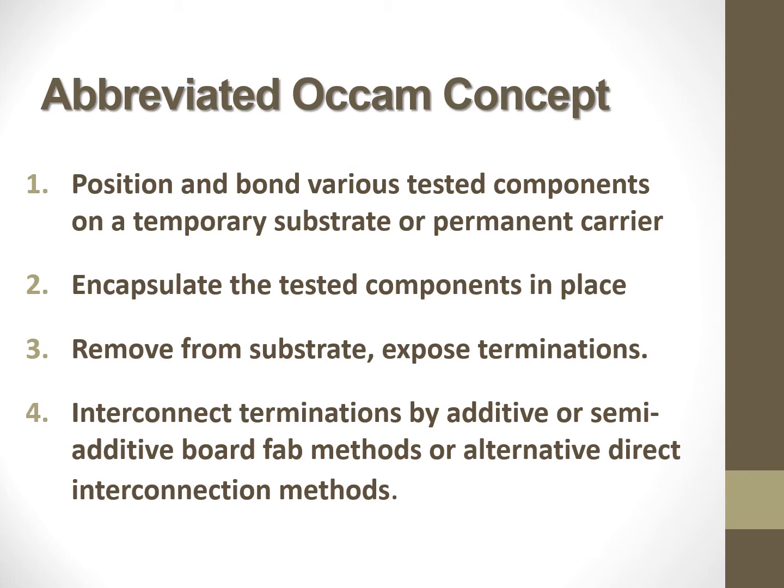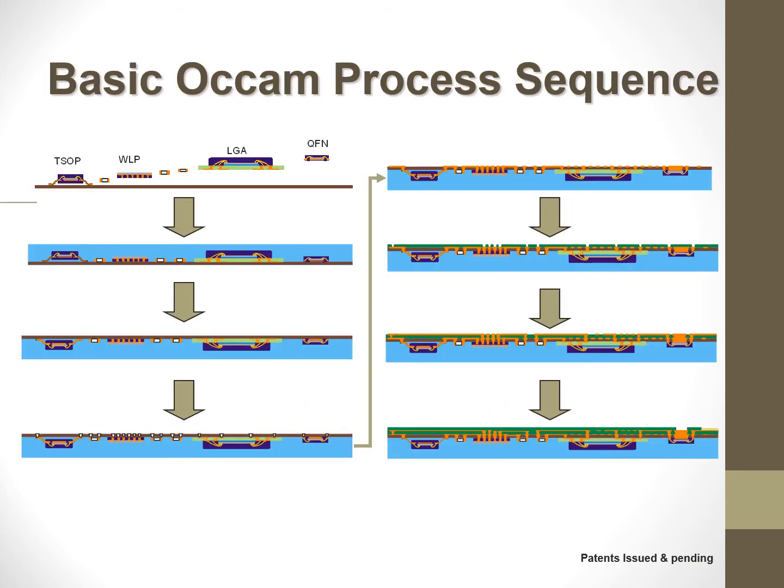If you're using a temporary substrate, remove them from the substrate and expose the terminations, and then interconnect those terminations using long-held technologies of additive and semi-additive or some alternative direct interconnection methods, which we'll talk about shortly.